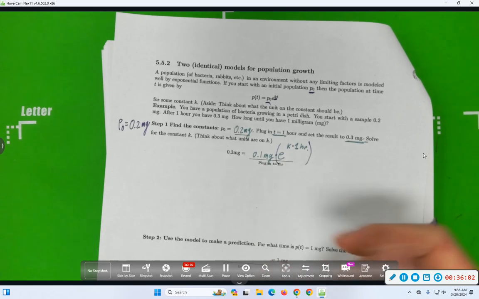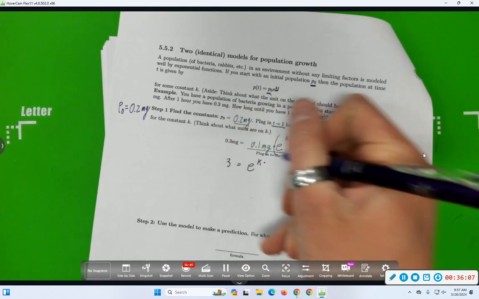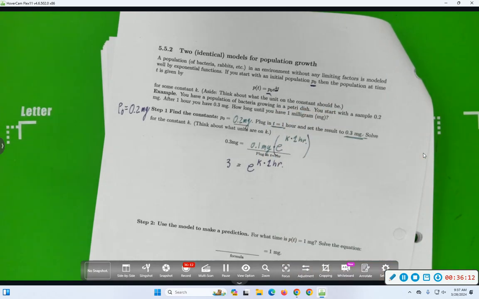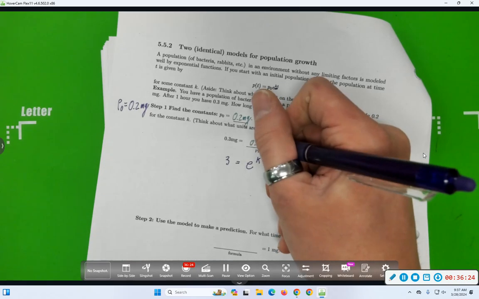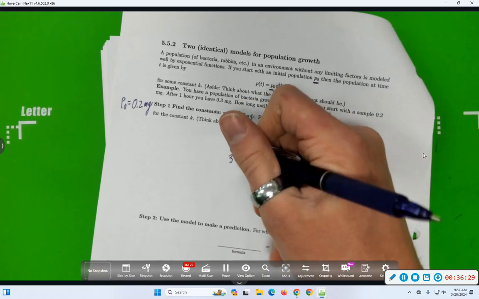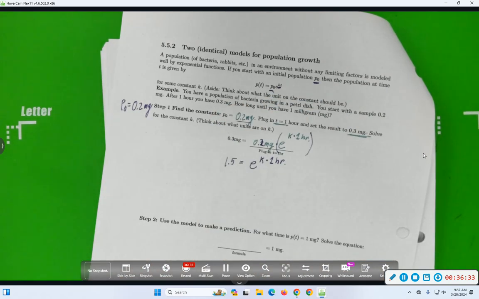So first let's divide over that 0.2. Is it supposed to be 0.2 milligrams, not 0.1? Yes. And that becomes a 1.5 now, right? 3 divided by 2 is 1.5.